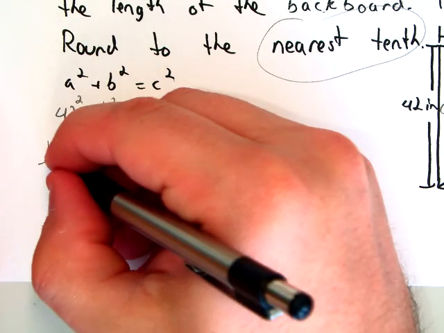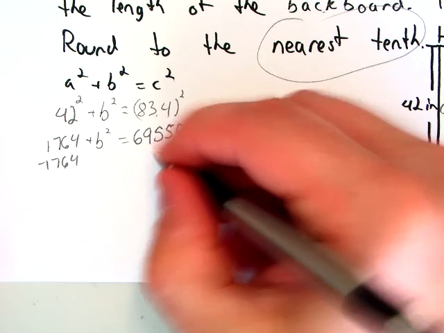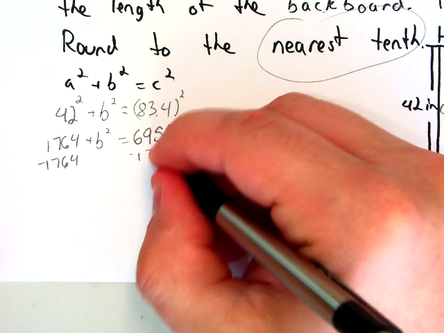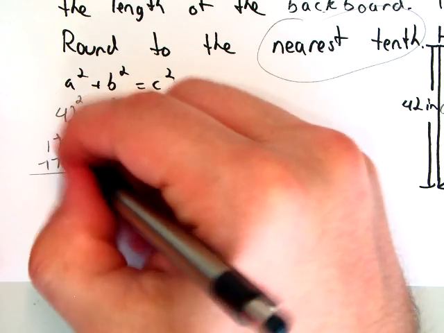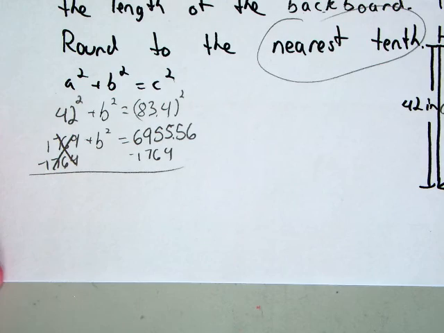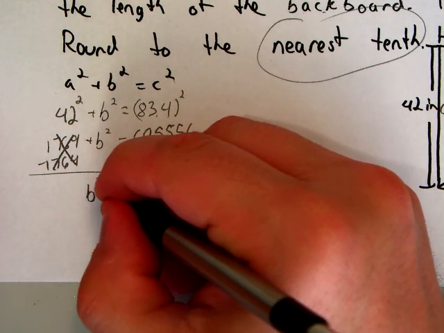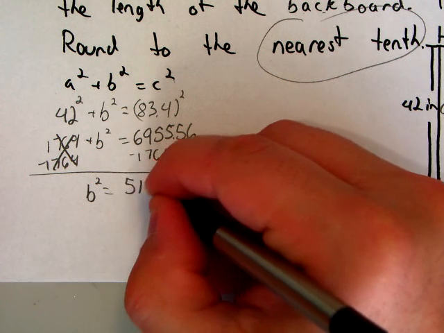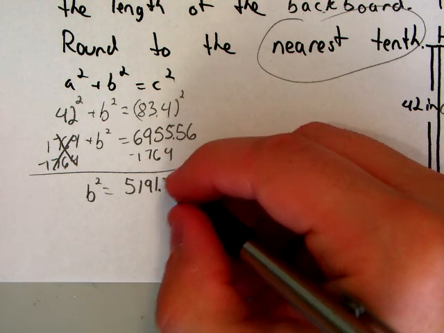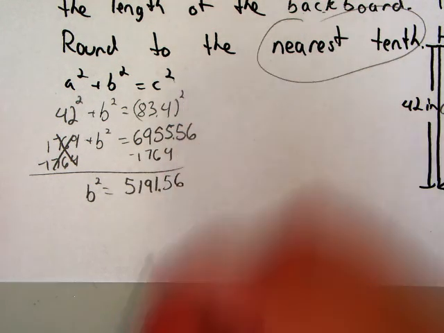In order to solve for B, I have to subtract 1,764 from both sides. This creates a zero pair. And I'm left with B squared equals 5,191.56.